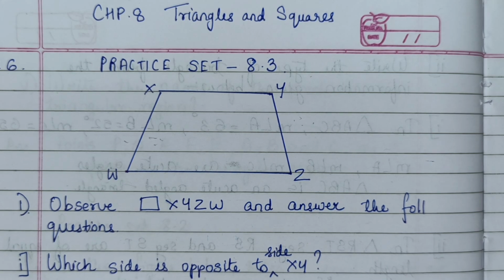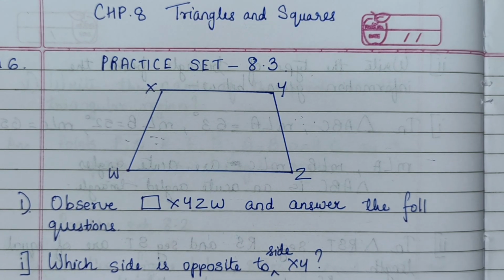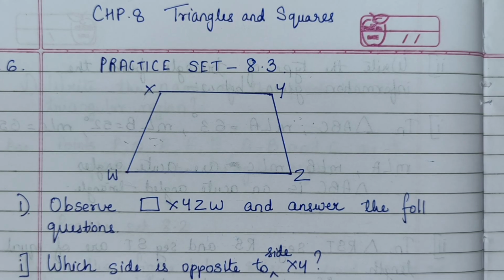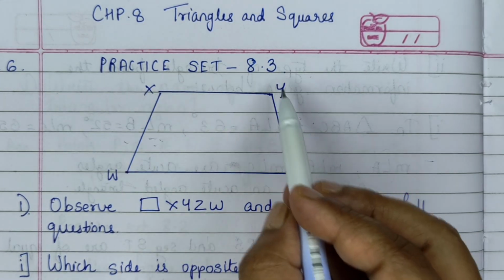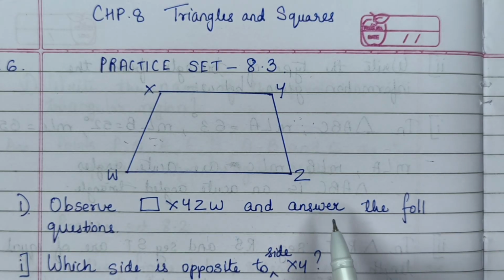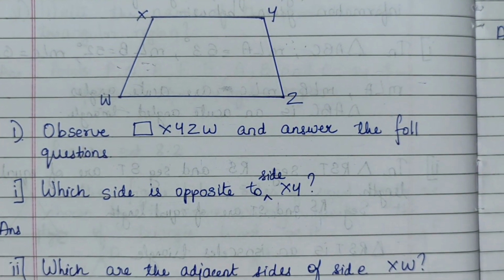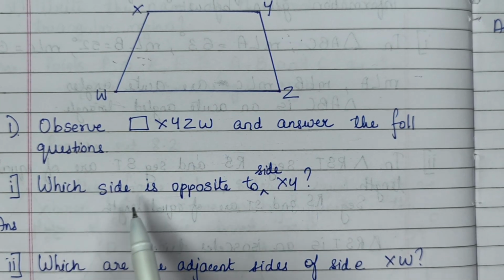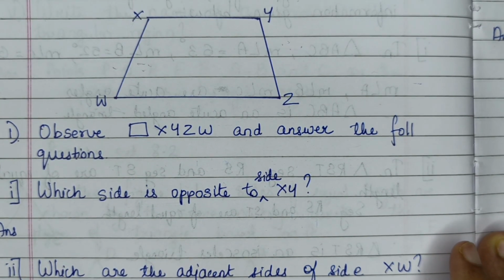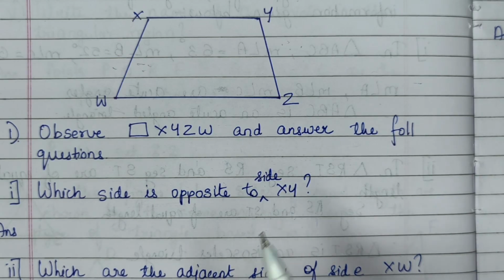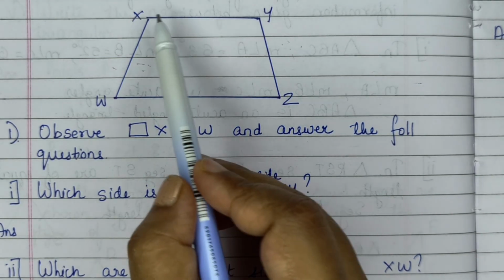Now see children, we will begin with practice set 8.3. See the quadrilateral which is already given in your textbook. The quadrilateral is named XYZW, and you have to answer the following questions. Now see the first question in this figure: which side is opposite to side XY? I explained what opposite sides are. First of all, see where XY is.